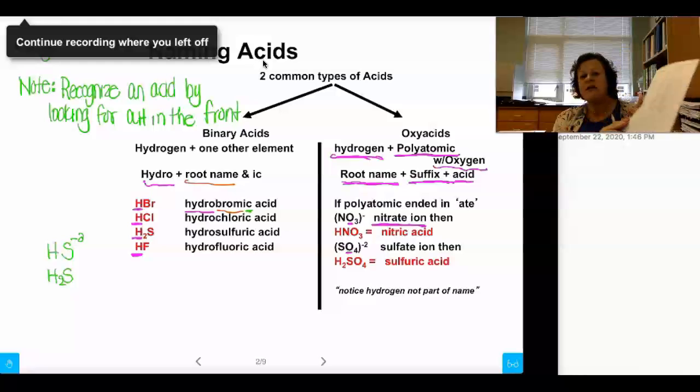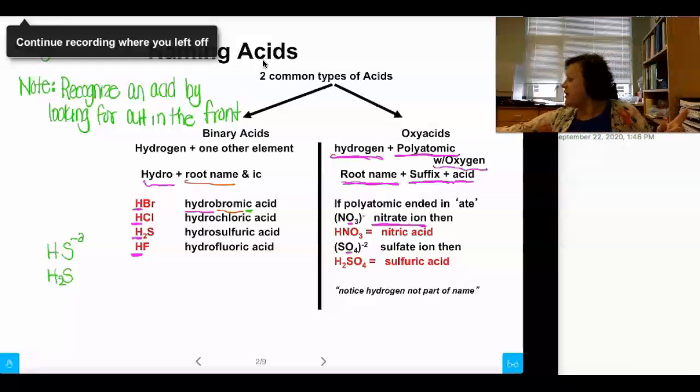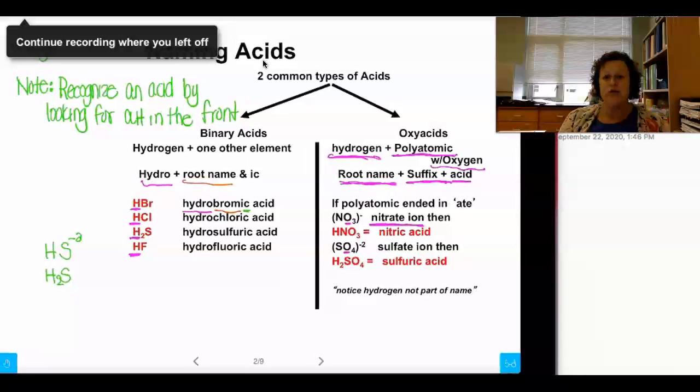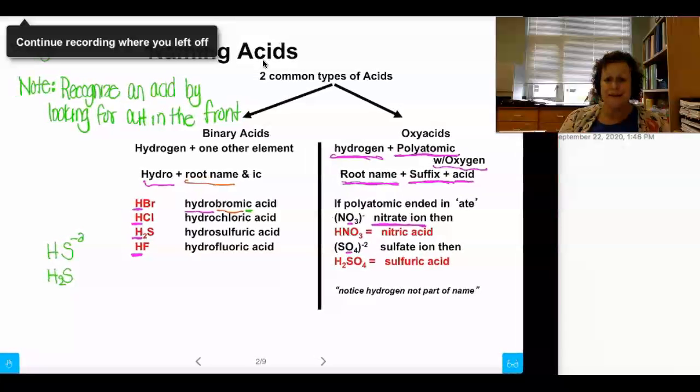This is also in the module under ions where you can print it out. So you take the nitrate ion, you drop the ate, add ic acid. So it's HNO3, nitric acid.